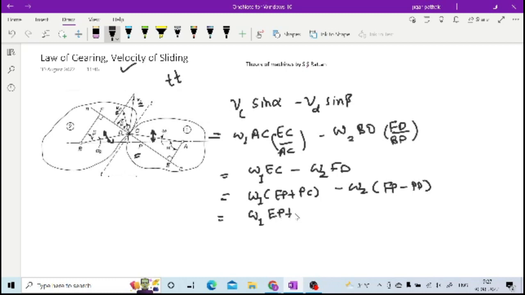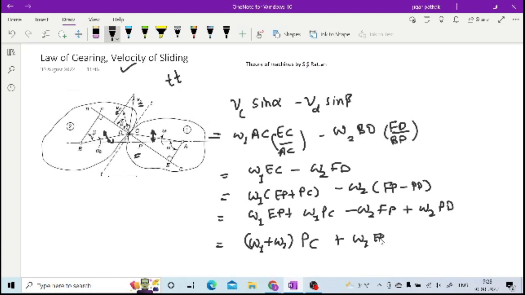Omega 1 EP plus omega 1 PC minus omega 2 FP plus omega 2 PD. Now PD and PC are the same, because this point is the same, C and D, as we have considered. So you will basically have omega 1 plus omega 2 into PC plus omega 1 EP minus omega 2 FP.